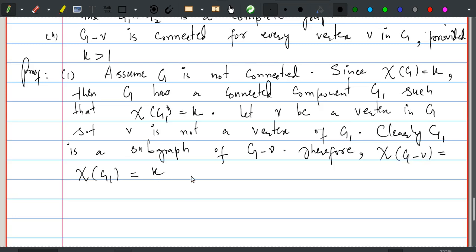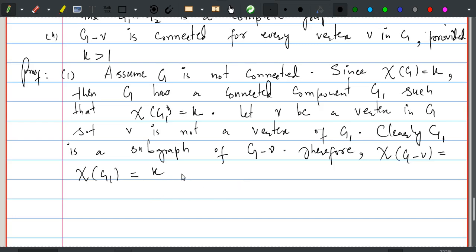This contradicts the fact that G is k-critical. For G to be k-critical, G minus V must have k minus 1 as its chromatic number. But we have proved that G minus V has chromatic number k, so this is not the case.